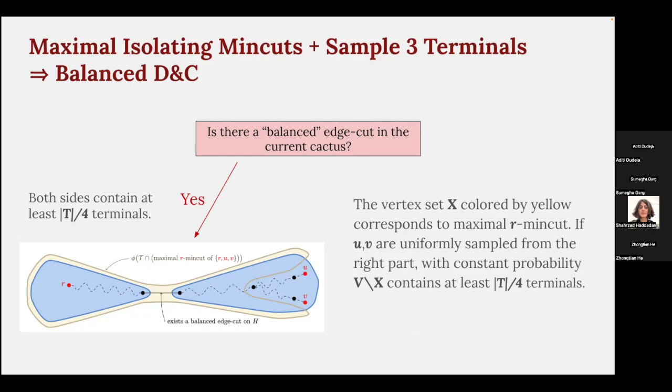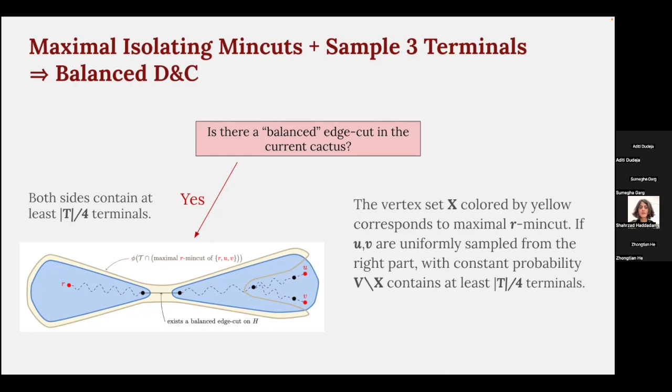Why couldn't it be that these maximal cuts always have just a small part left? I don't know if it is good to tell the proof in detail, but the proof is like this: you fix R, and you consider the pre-order traversal of all the vertices.